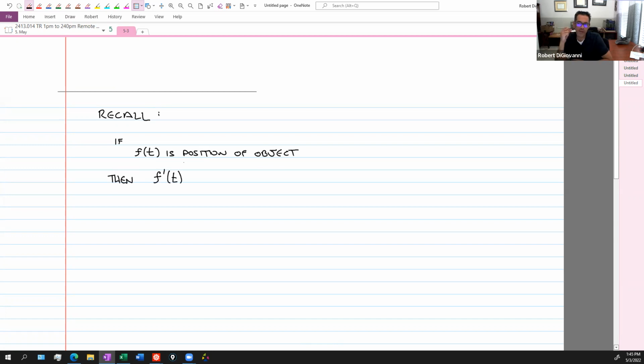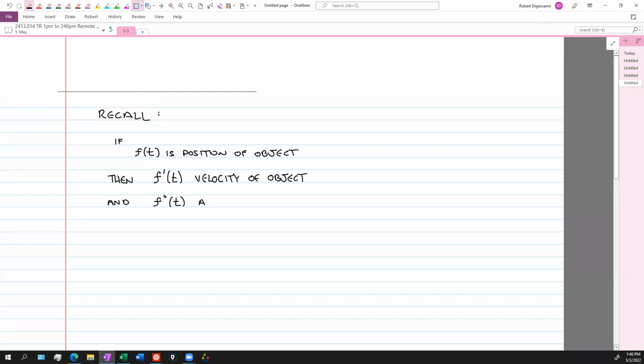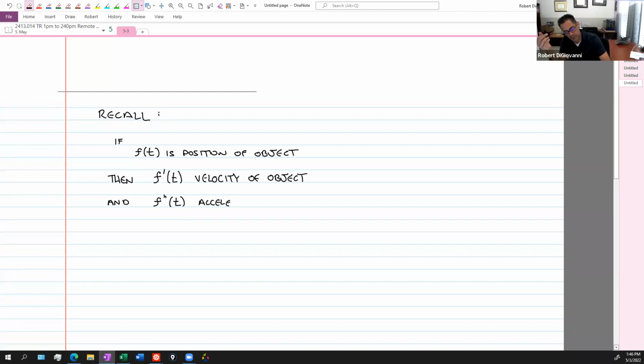Do y'all remember, if the function gives you the position of an object, what does the first derivative give you? Velocity. Velocity of the object. And the second derivative gives you what? Acceleration. Acceleration of the object.